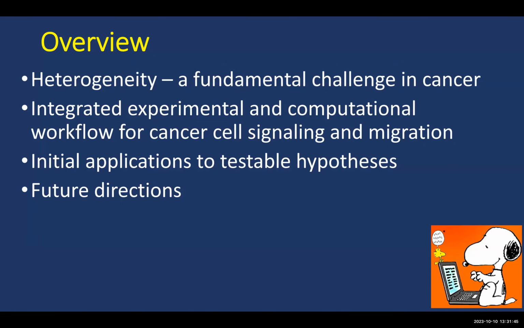And it really is bidirectional, as Krishna said, also a team approach to make this work so that we can start to look at how cancer cells signal and how they migrate and understand those processes. I'll show you just an initial applications work, how we've applied it to identify a testable hypothesis that fortunately turned out to be right, and some future directions for what we're going to be able to do.